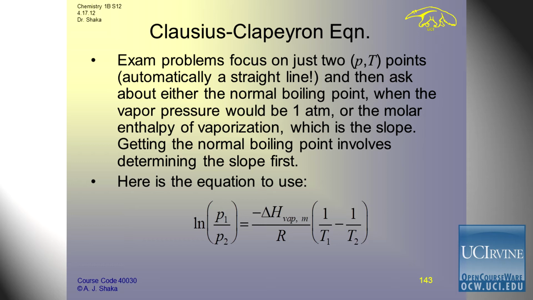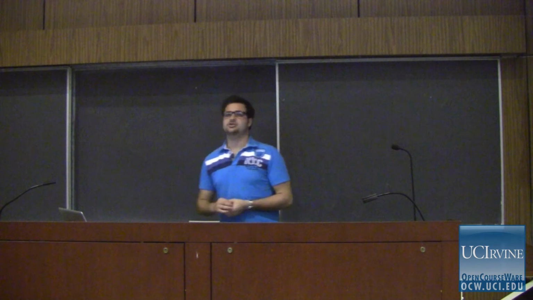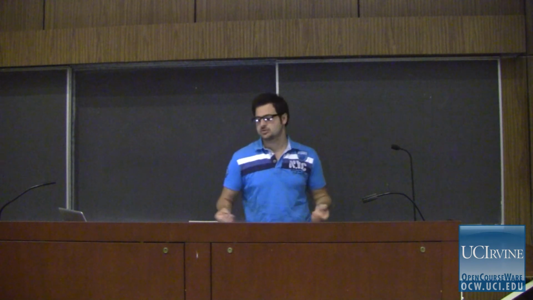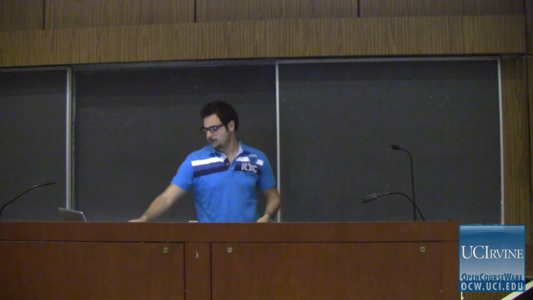Actually, you just want to think of it as a plug and chug kind of question, right? He gives you a set of variables and asks you to solve for one of the constants. He might even ask you to solve for the gas constant, R. He'll give you a certain heat of vaporization, two pressures at two different temperatures, and you solve for it.